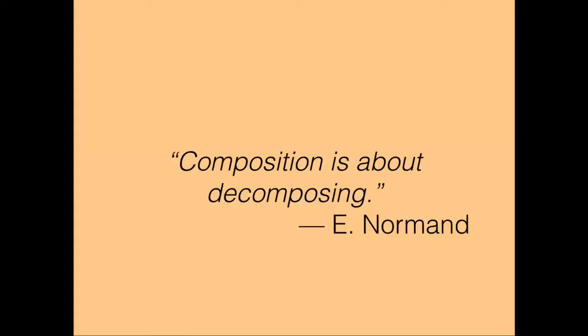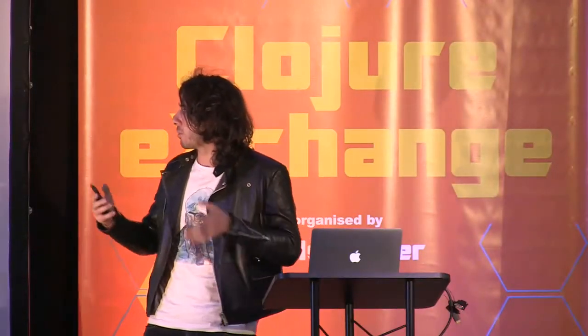This notion that to find the fundamental building blocks of what we're doing, we should first strive to decompose our problem into the simplest bits and then build on top of that. This quote by Eric Norman might seem very banal on one hand, but it's actually also very profound. This is exactly what the Clojure way of solving problems is.